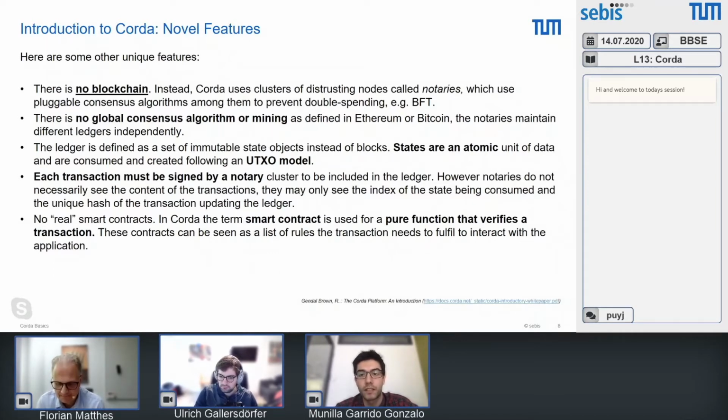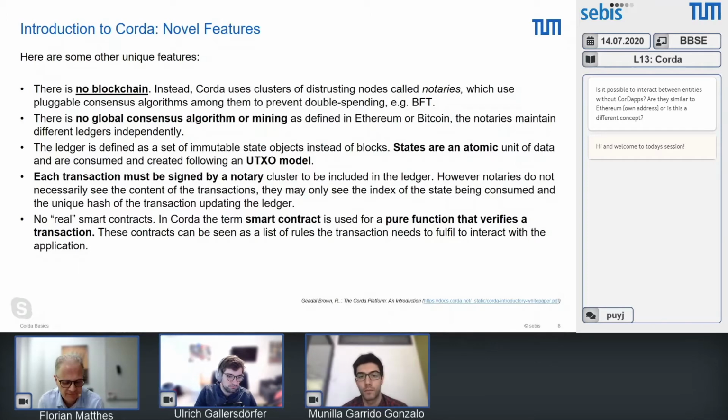So the question is: is it possible to interact between entities without CorDapps? Meaning, can somebody send a message to somebody else without using a CorDapp? In the sense, like in Ethereum, that I can send money to somebody else? No, to my knowledge, the only way is writing Kotlin programs, and the side effects of the Kotlin programs are the things you want to do.